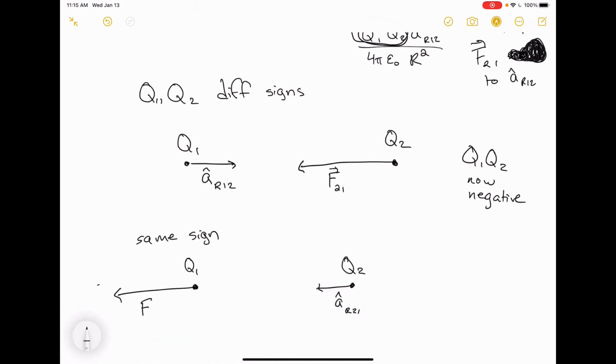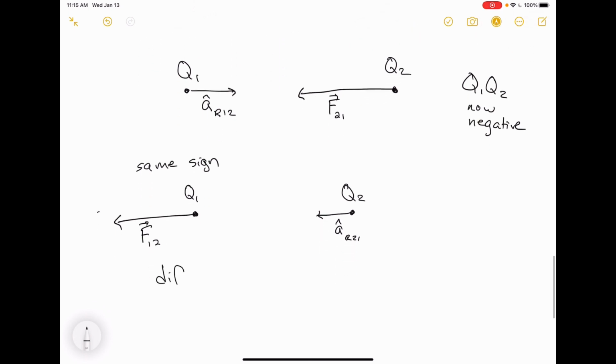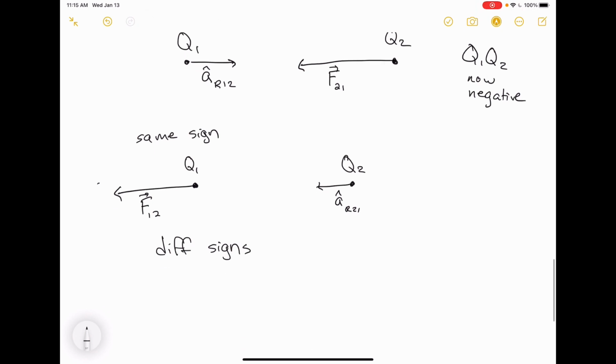So that will be F12, like that. And if they have different signs, you got Q1 here, Q2 there. Unit vector still points from Q2 to Q1. But the force that Q1 experiences pulls it towards Q2.